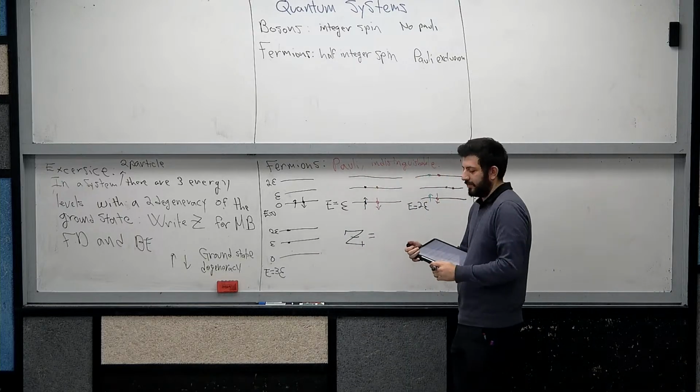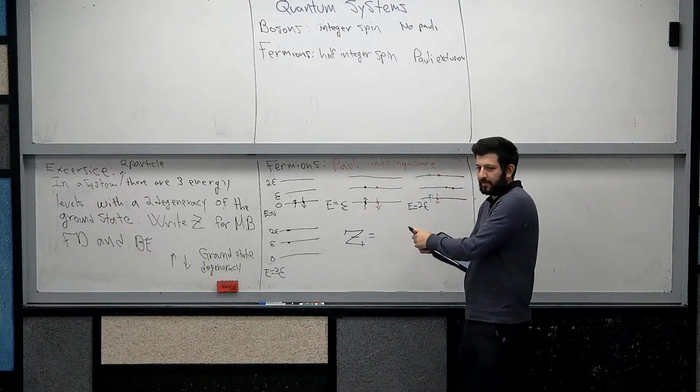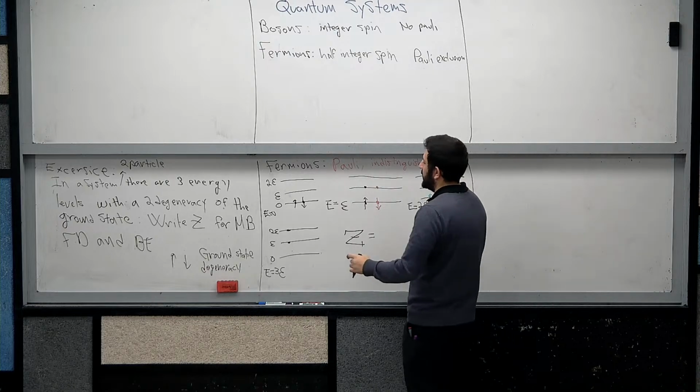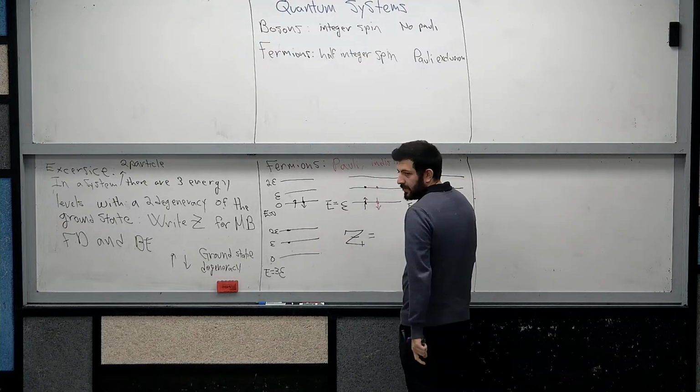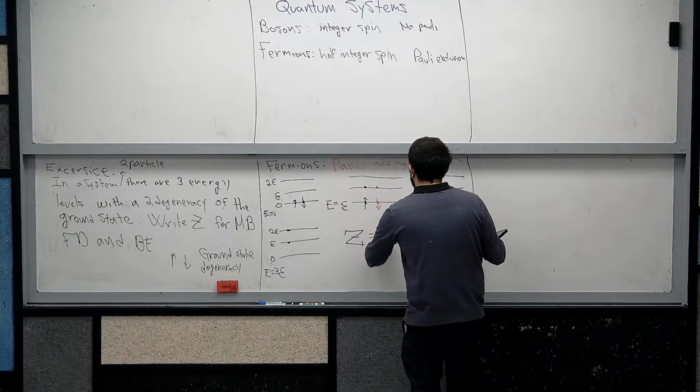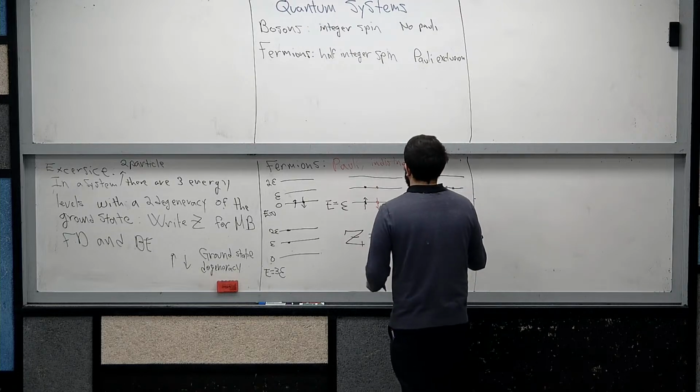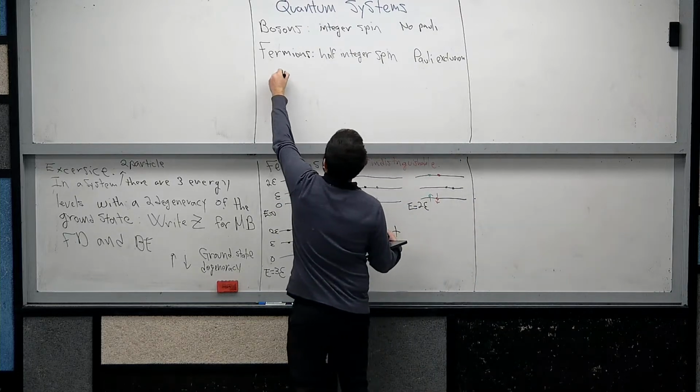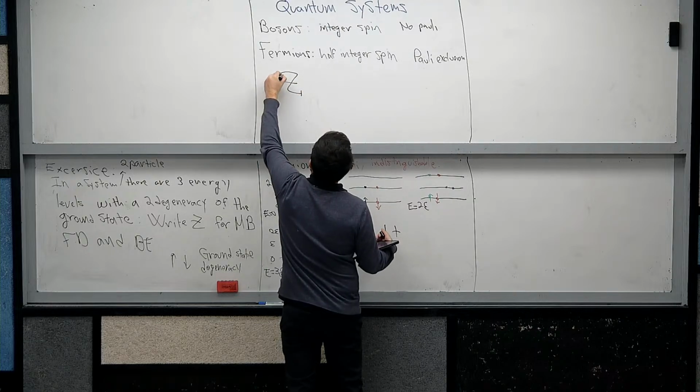So how would we write the grand canonical partition function? How many states do we have at energy 0? Just one, right? Then let me just remind you the formula for the grand canonical partition function.